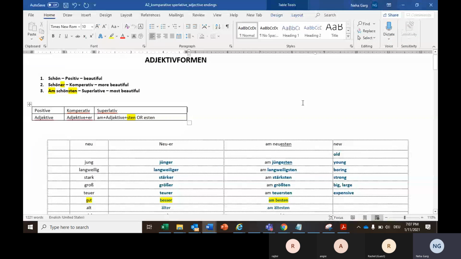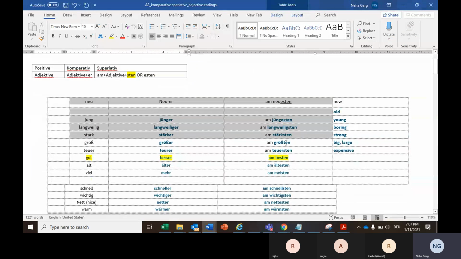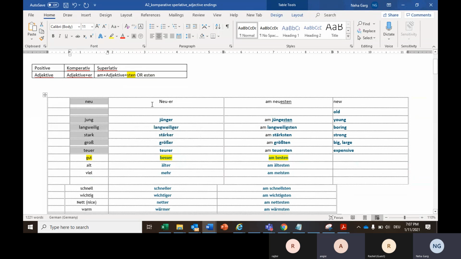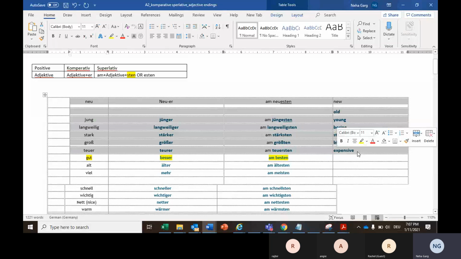Now I have this small list. Anjit, can you read these highlighted words? The first is the positive form, the second one is comparative, and the third category is superlative. So read just these highlighted ones till here. Expensive. New. Neu, neuer, neuesten.